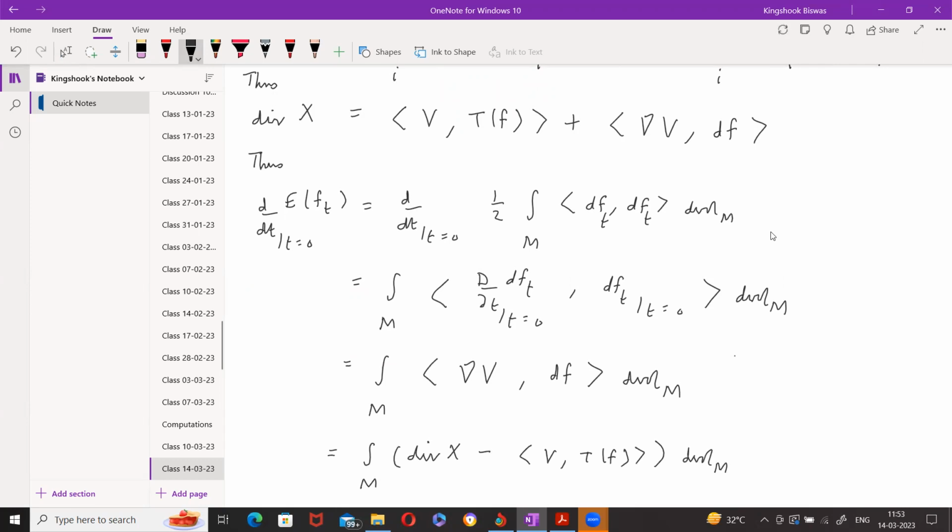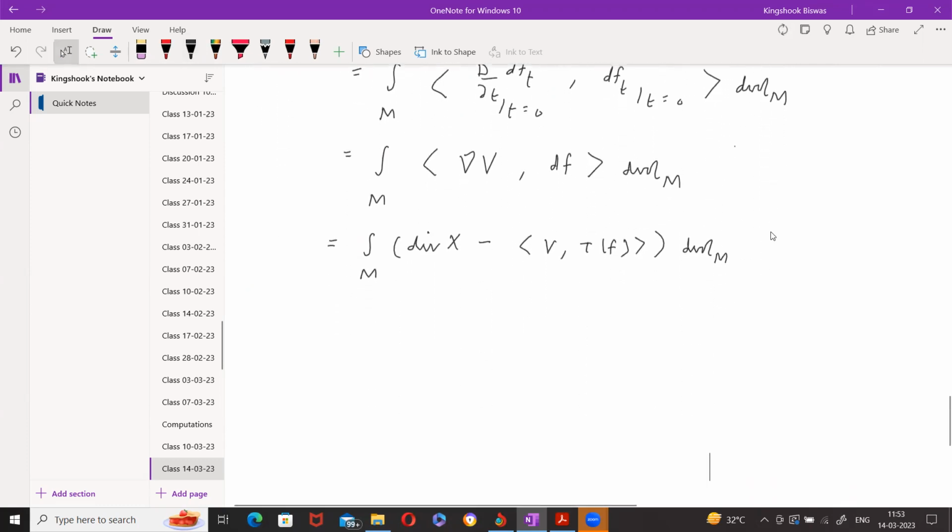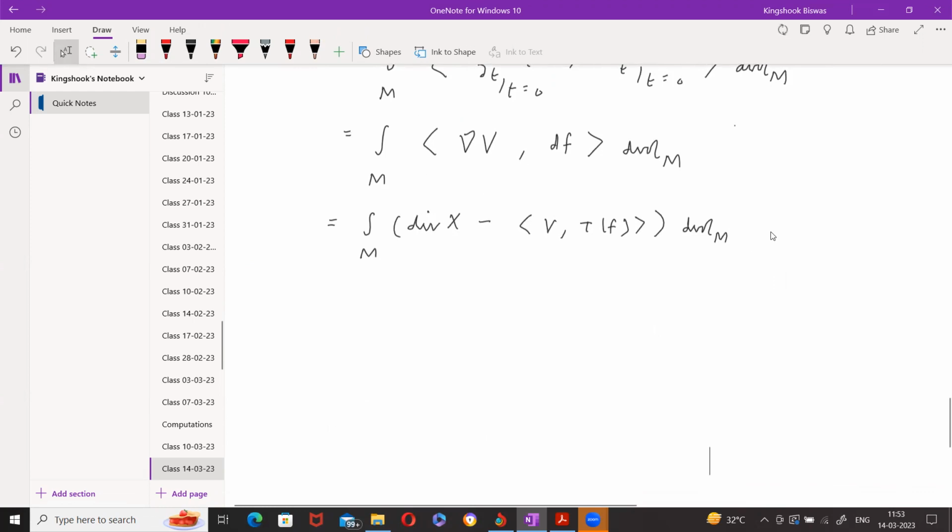Now, we can assume one of two things. Either we can assume that the boundary of M, the domain, is empty, or we can assume that if the boundary is non-empty, then all the maps F_t are constant on the boundary of M. Either way, the vector field X vanishes on the boundary of M if the boundary is non-empty, or otherwise the boundary of M is empty.